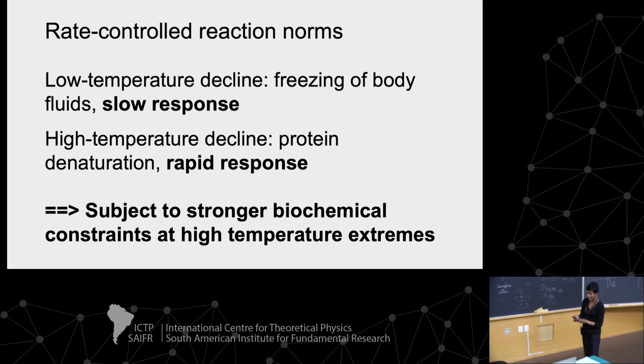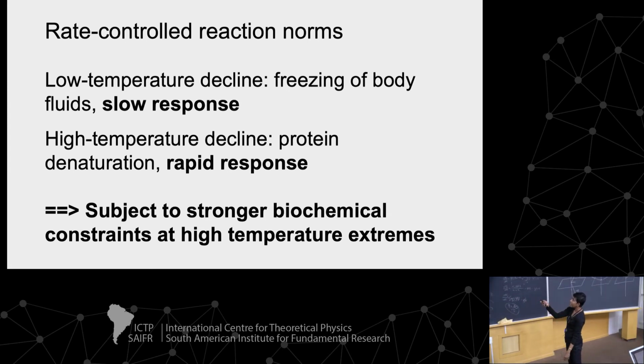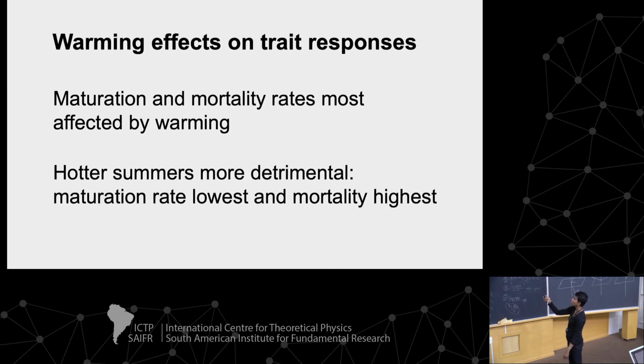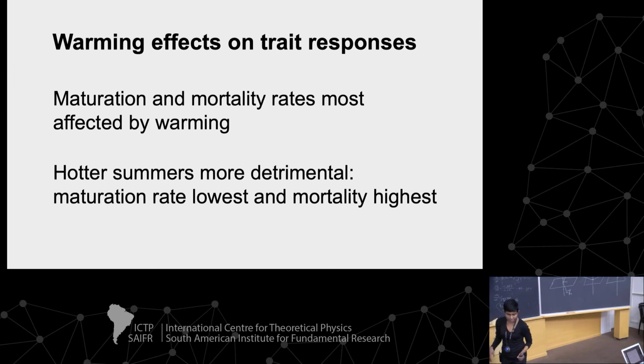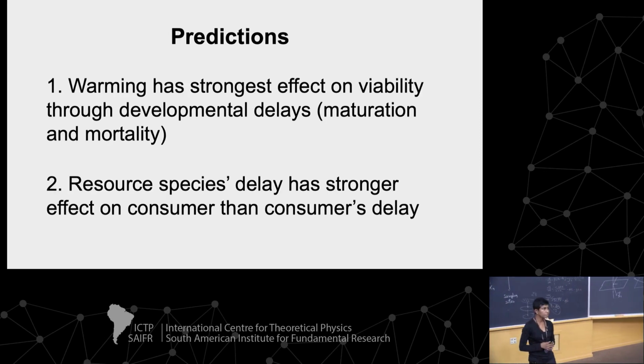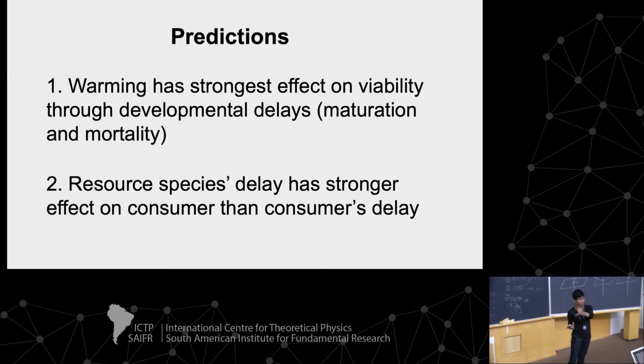So then we come back to our model. Now we actually know why maturation and mortality rates are more affected by warming compared to the regulatory responses. And now with that knowledge, we can make some predictions. So what we do is we look at these rate responses, we make some predictions, we test it with the model.